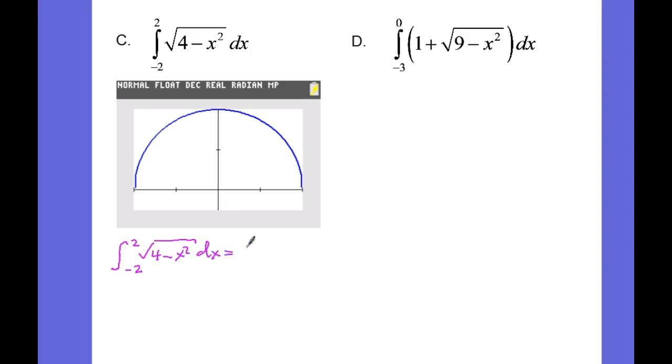And that's going to be equal to 1/2 the area pi r squared, where r is my radius. So pi times 2 squared would be the area of the entire circle, and since I want the semicircle, I'm taking half of that. So this is going to be 1/2 times 4 pi, which is 2 pi, and that is my solution.